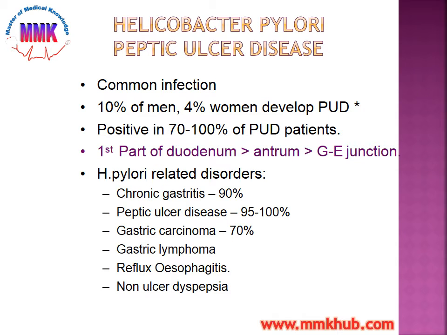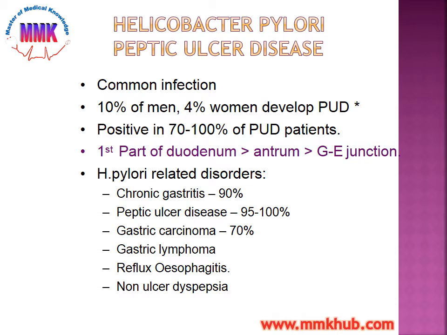Helicobacter pylori peptic ulcer disease. It is a common infection which involves 10% of men and 4% of women during their lifetime. Helicobacter pylori infection is positive in 70 to 100% of peptic ulcer disease patients. The most common site involved is the first part of the duodenum, then the antrum of the stomach, and then the gastroesophageal junction.